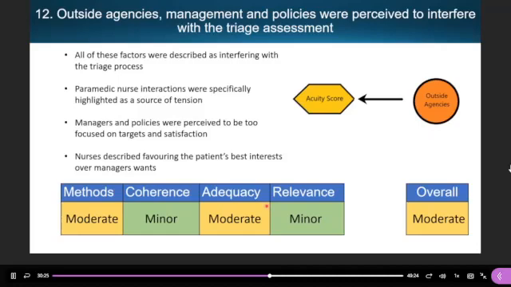Managers and policies were perceived to be too focused on targets and patient satisfaction, but nurses would favour what's in the patient's best interests as opposed to what the managers and the targets needed. Again, the adequacy for this finding was rated as moderate, resulting in an overall moderate confidence.